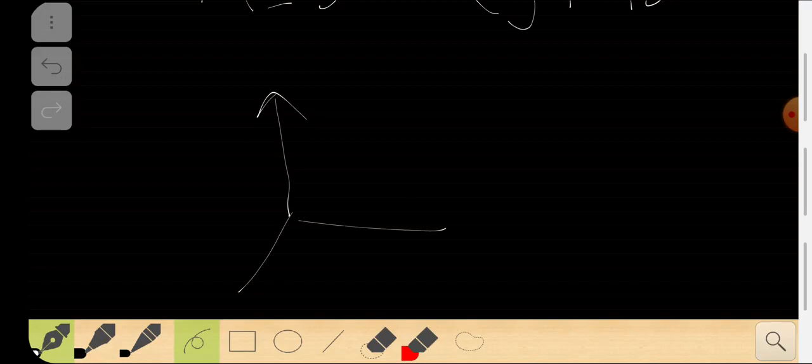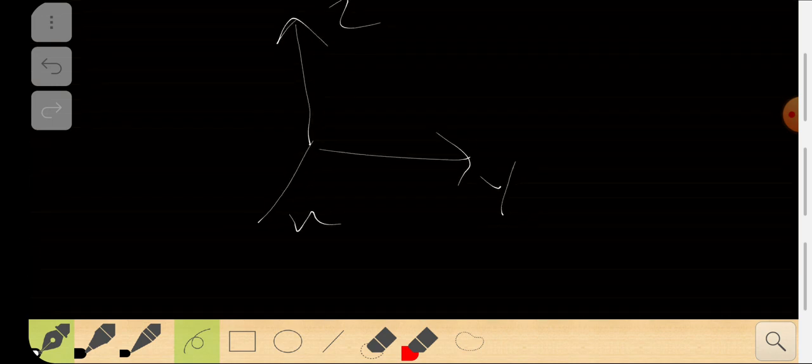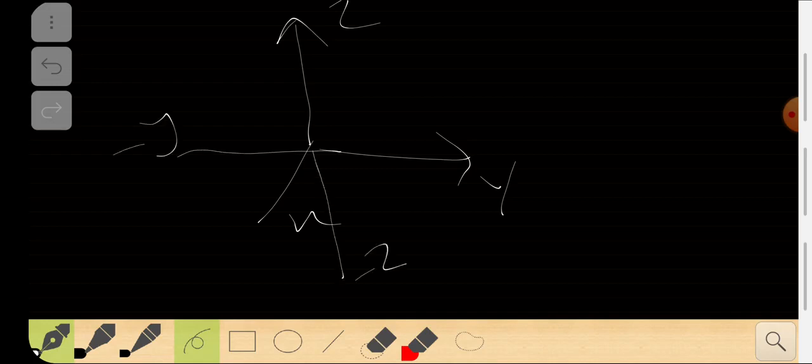We just draw the right-handed coordinate system, with minus y, minus z, plus x and minus x. That's the right-handed coordinate system.